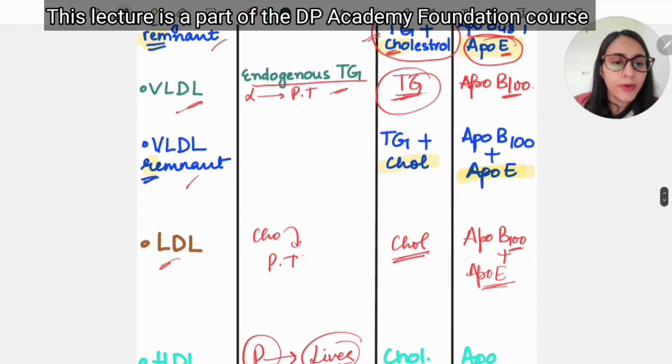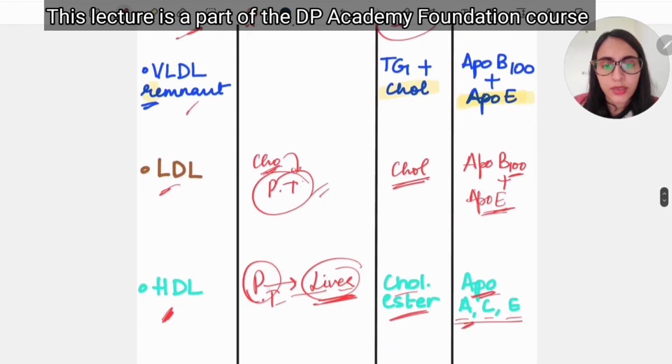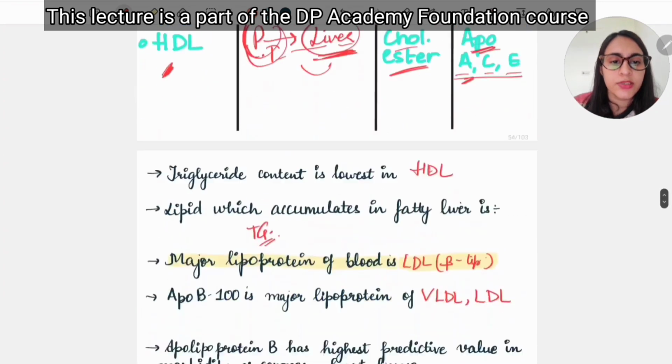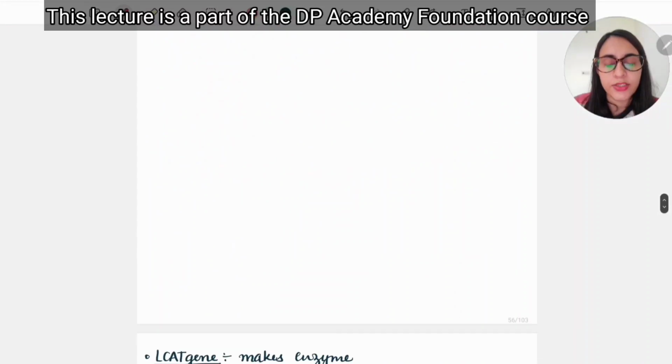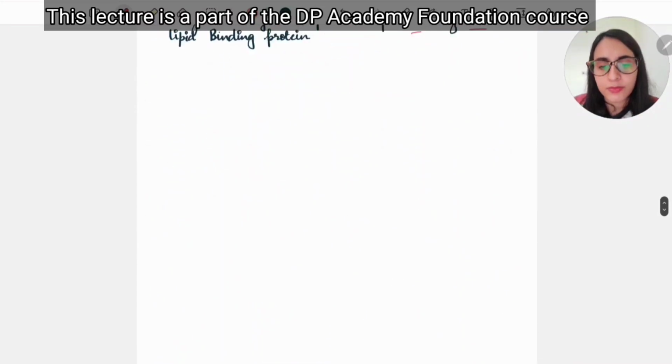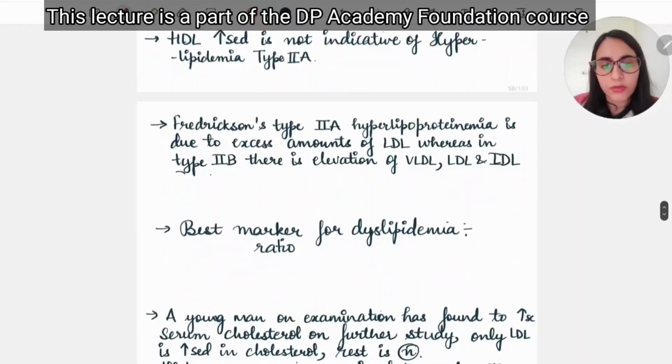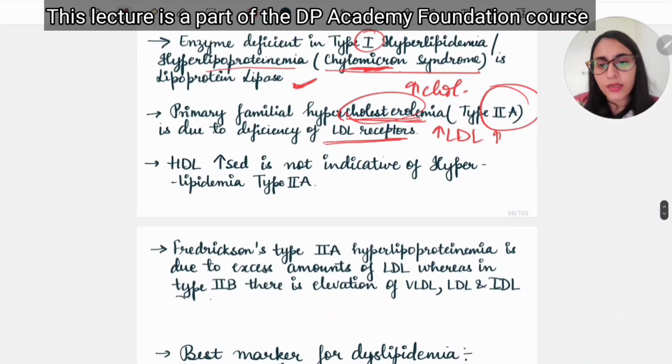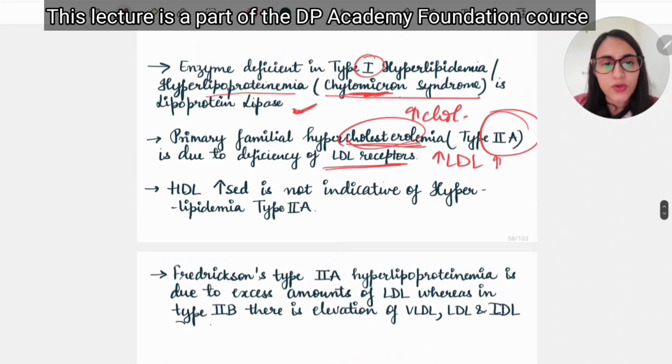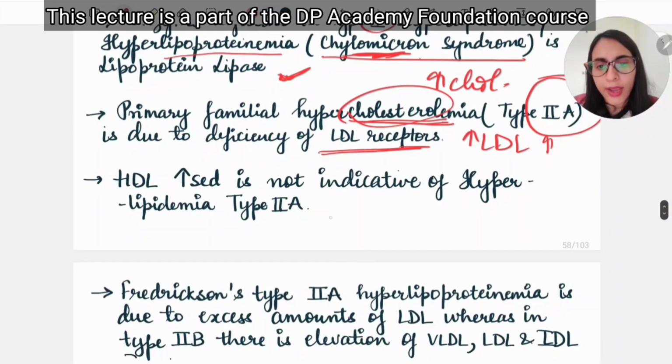LDL has ApoB100 plus E, because there is no remnant in LDL, and it carries the cholesterol going to the peripheral tissues. Then from peripheral tissues to the liver, that is HDL. So HDL is good, and LDL is bad, and LDL is found in the blood. So HDL increased is not indicative of hyperlipidemia type 2A.